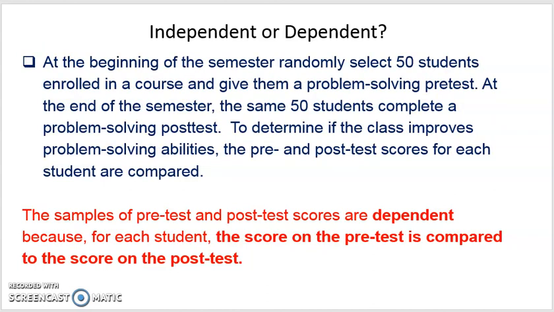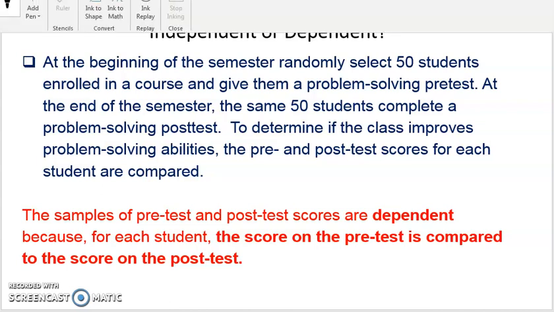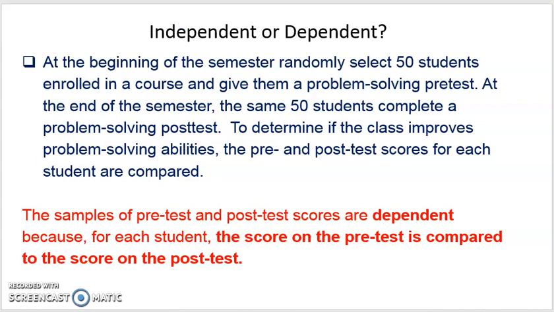At the beginning of the semester, students randomly select 50 students enrolled in a course and give them a problem-solving pretest. At the end of the semester, having completed the course, the same group of 50 students complete a problem-solving post-test.